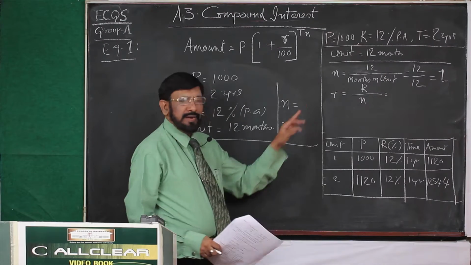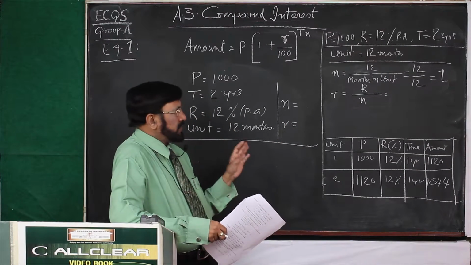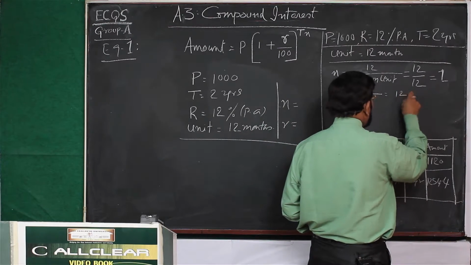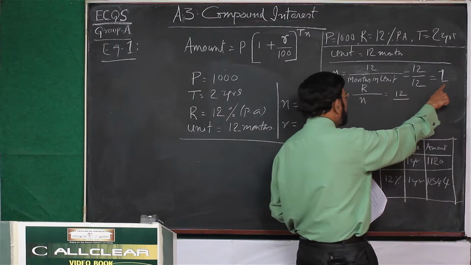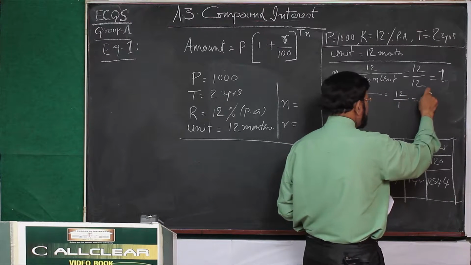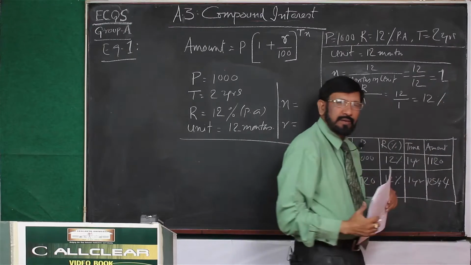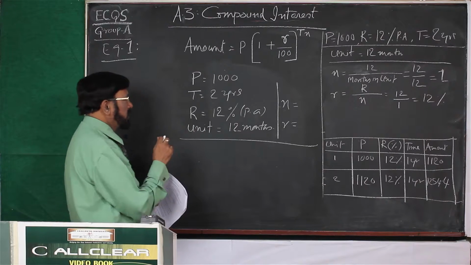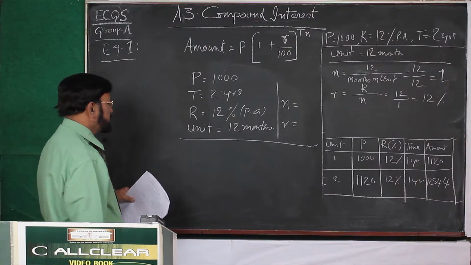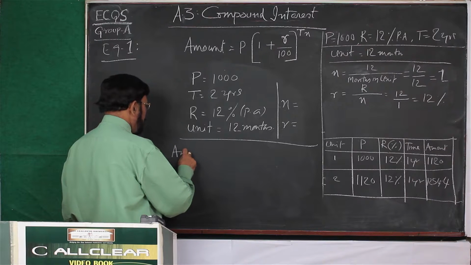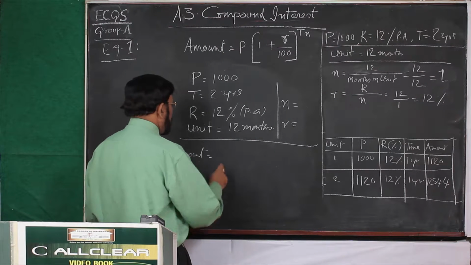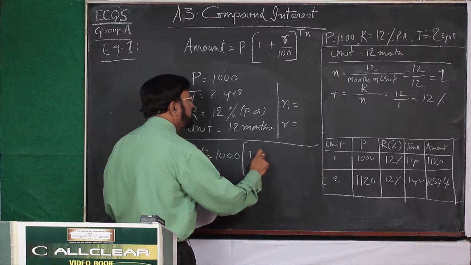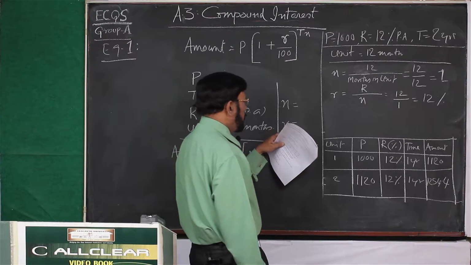Next, rate of interest should be adjusted for the unit period. So, rate per annum, you know that, 12%, divided by N, this is 12% for the unit period, and per year it is the same 12%. So now all the 5 figures we got. Now, let us substitute in the formula: 1000, 1, now what is N?